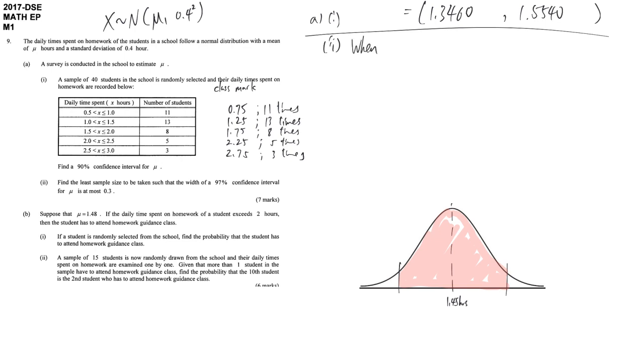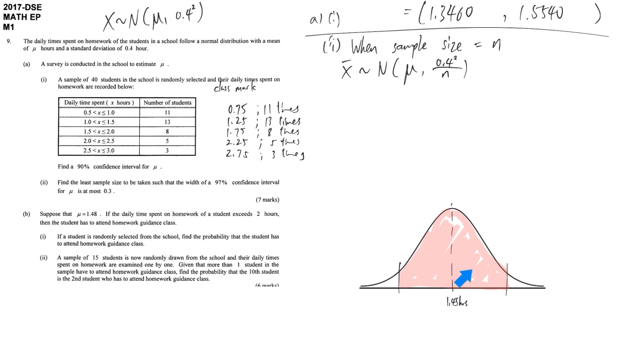Therefore, we are talking about when the sample size is equal to n, no longer 40, which is the value that we need to find out. Then the sample mean will follow another normal distribution with mean μ, and the variance of the sample mean is the original variance divided by n.